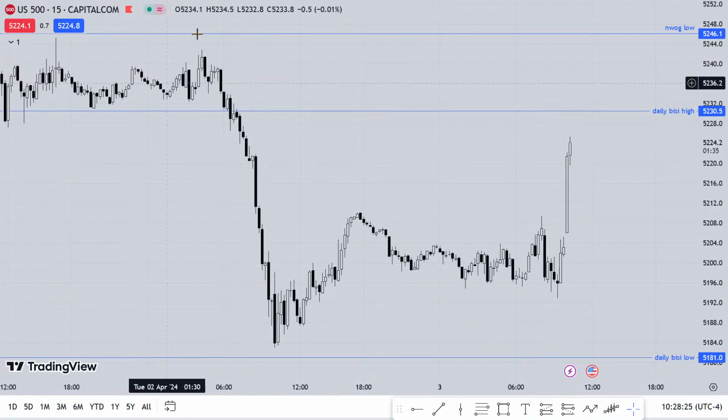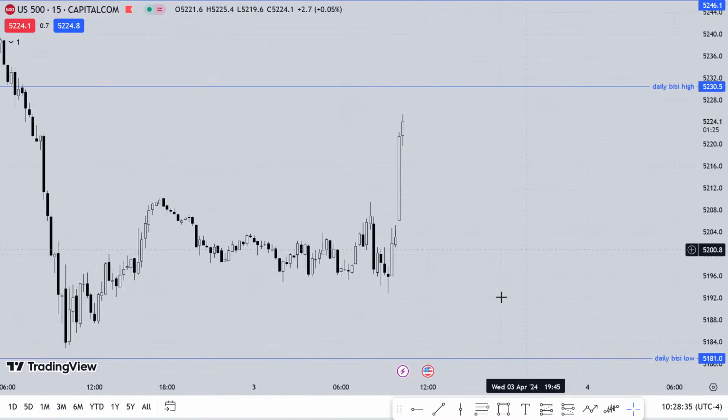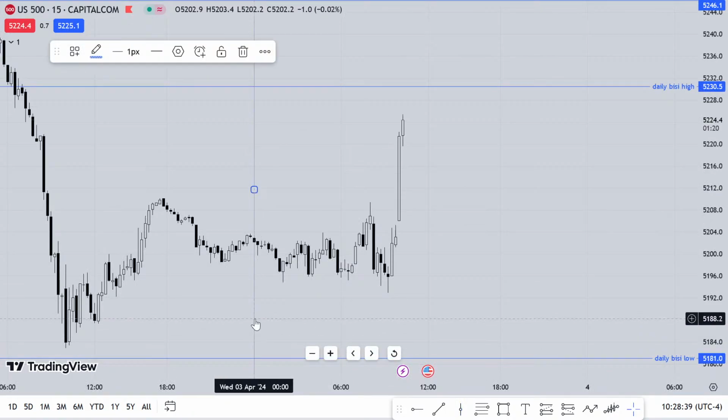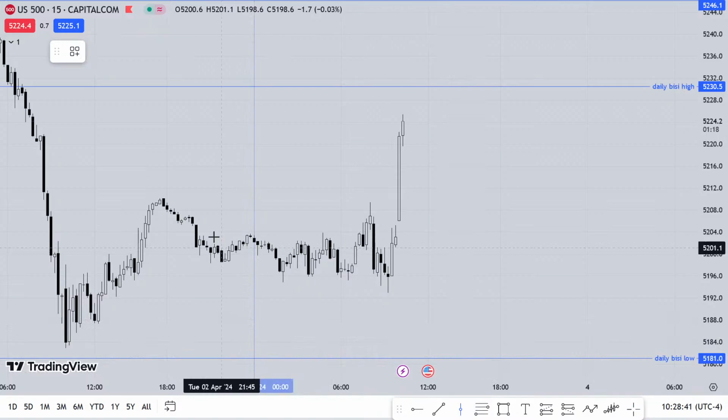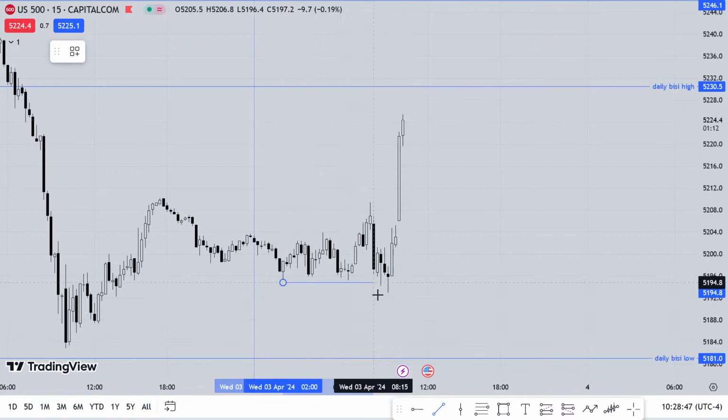So the question now is, is price going to come for these highs? Yeah. But it's actually unlikely. Well, let's see what it does. So this is the midnight opening price, which we traded down below it to take out sell side liquidity here.